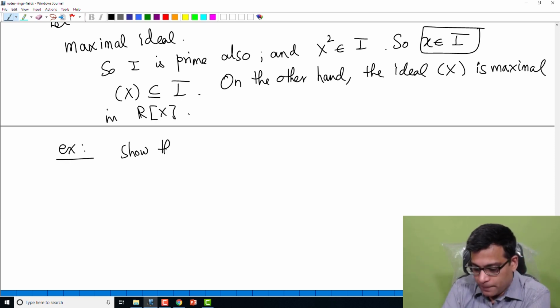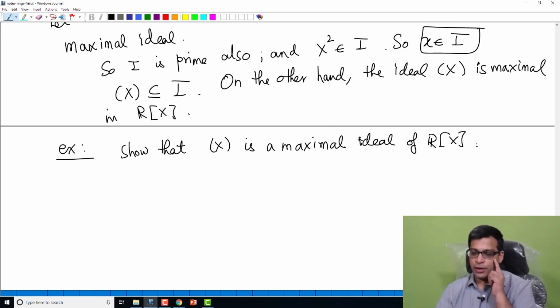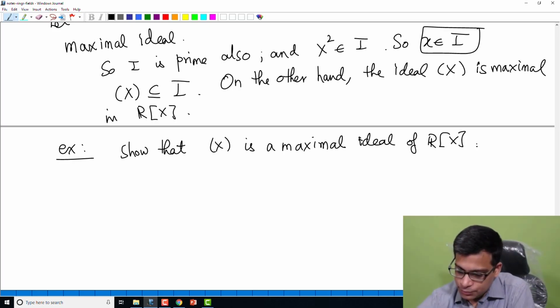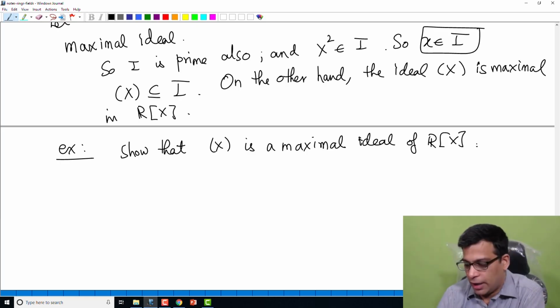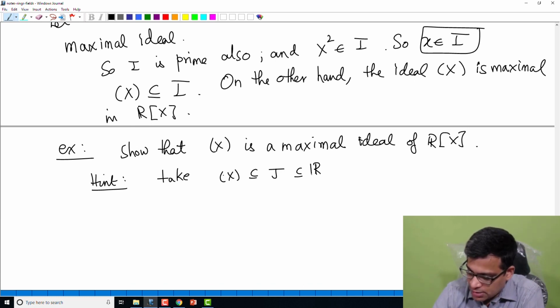Show that (x) is a maximal ideal of R[x]. In any case, I think this is required for us. So the hint: take some ideal J containing (x), contained in R[x].